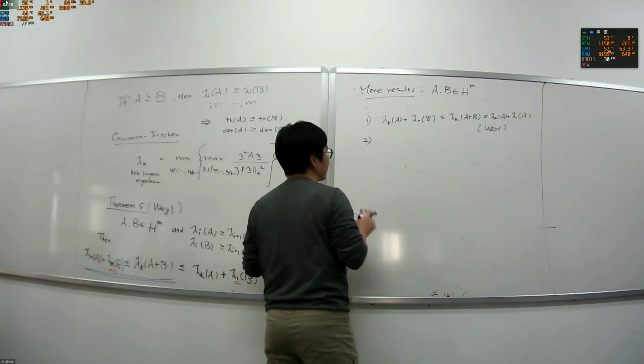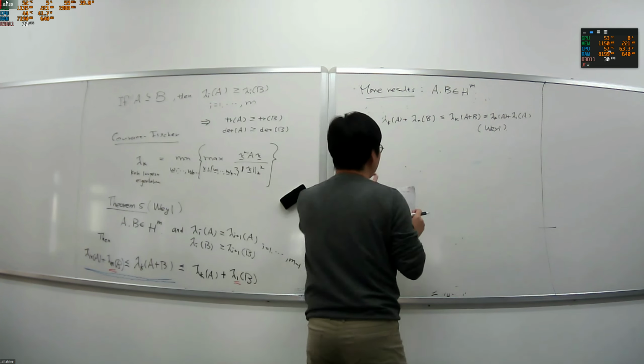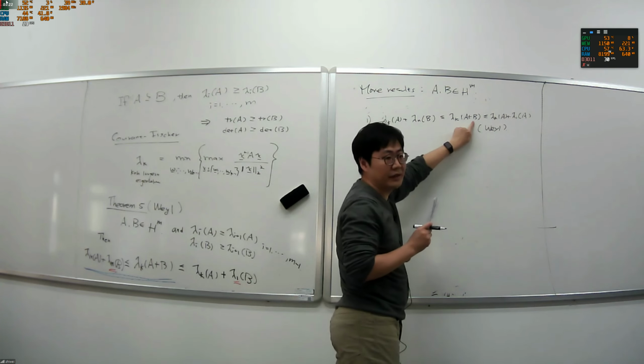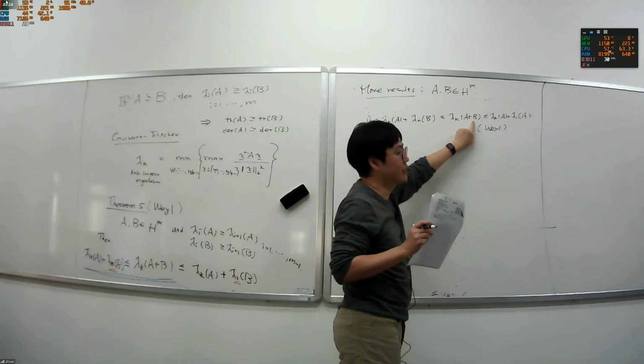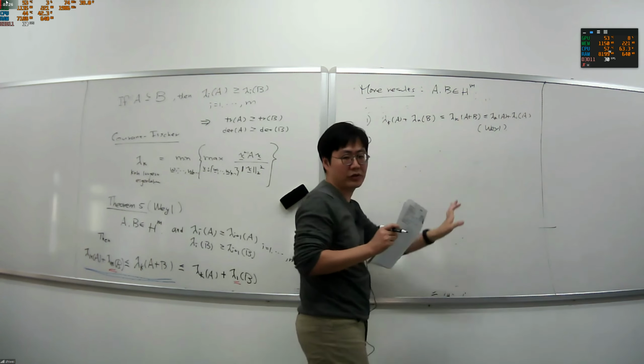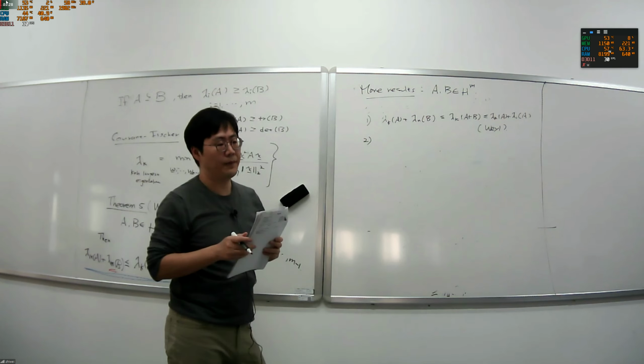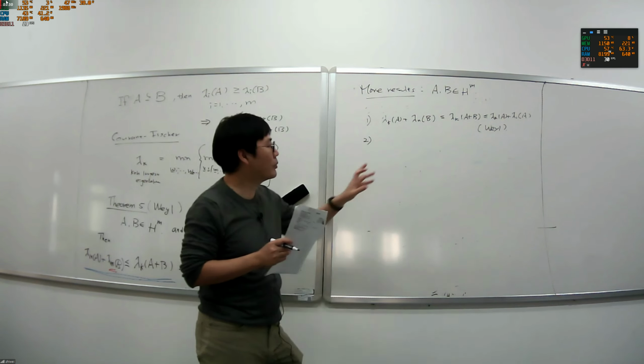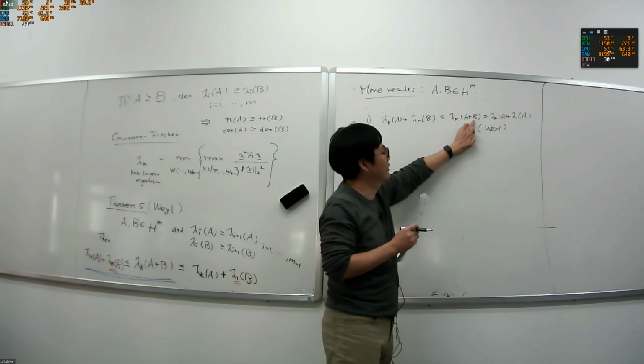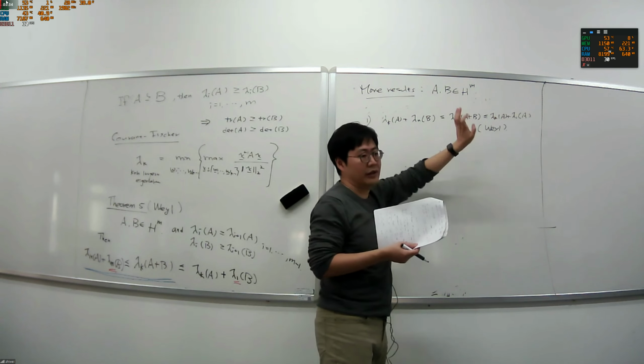And the second one. The first one says B is quite arbitrary, right? Here A, B don't have any structure other than Hermitian. So B is a general Hermitian matrix.